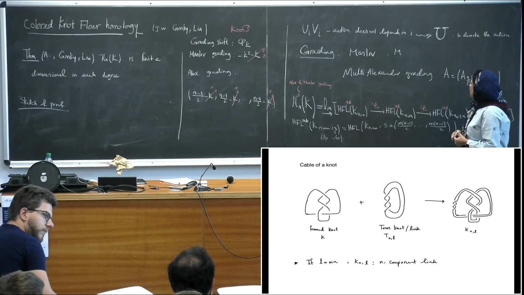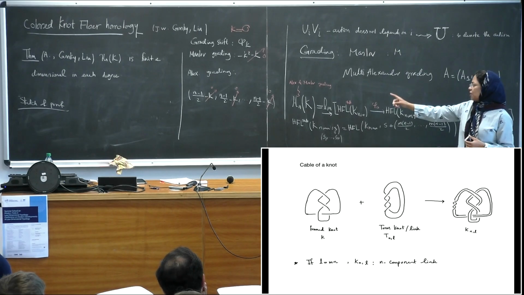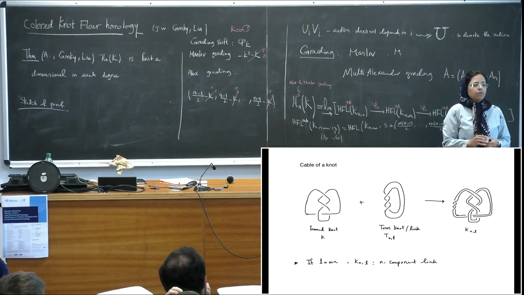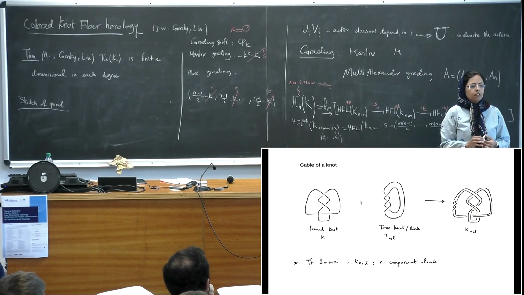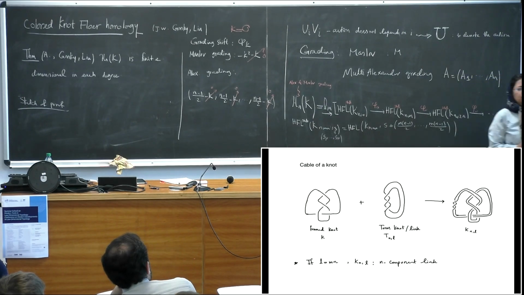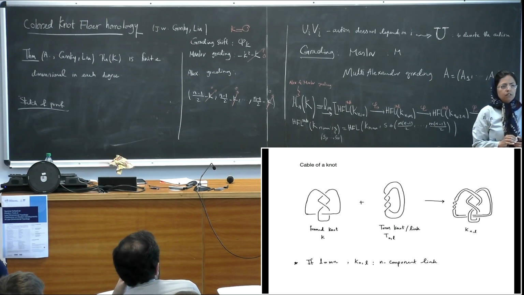Does the finite dimensionality, and how you can prove this, depend on the knots being in the 3-sphere?